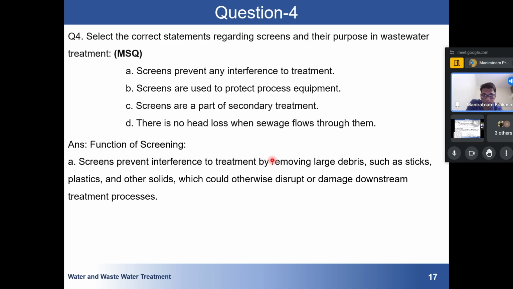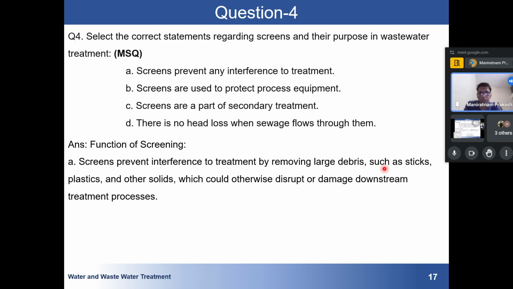You will see that water comes in containing this kind of material, and there are steps like a chain rotating in a circular way. The particles get caught on those steps and are removed on the other side, where a separate arrangement keeps all the particles. So this is the primary function.